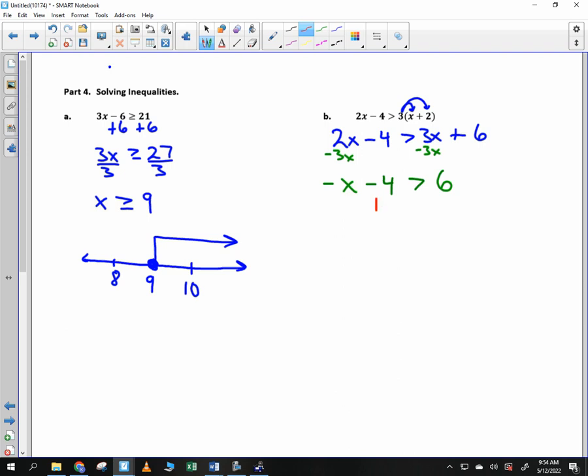Now I will add 4 to both sides. And I have negative x is greater than 10. I'm going to divide by negative 1. Does anybody remember what you have to do when you divide by a negative? You have to switch the sign. So x is less than negative 10.